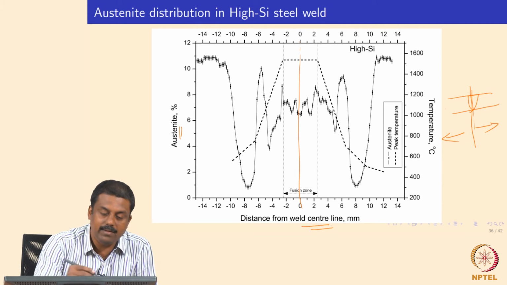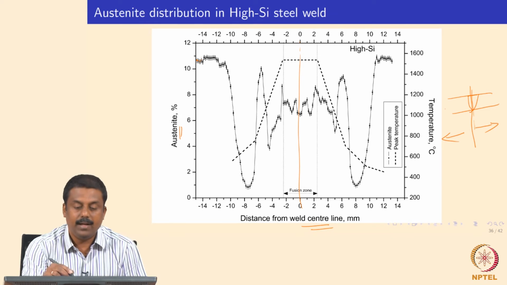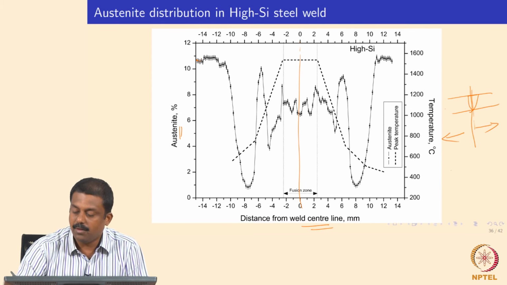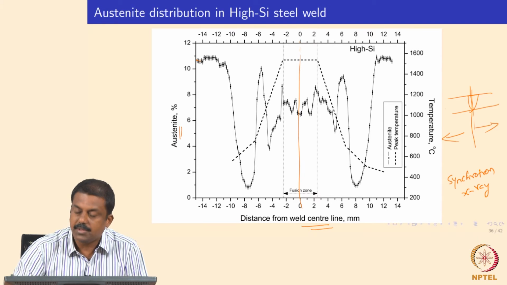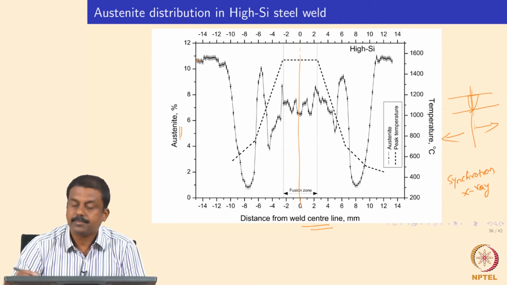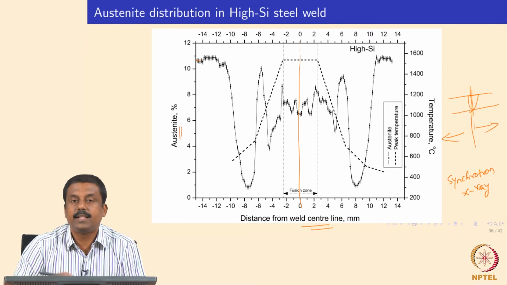So we are measuring very small regions, individual points over here. It shows individual measurements of X-ray diffraction, and for measuring this graph we used very high energy X-rays, known as synchrotron X-rays, which can penetrate, for example, in this case a 3 millimeter thick plate.